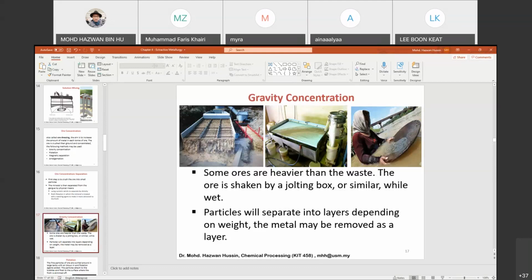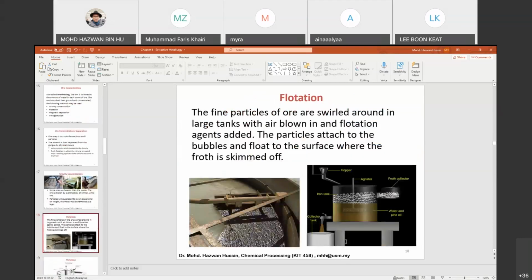This also applies to another traditional method that you've seen a lot, using not really a flat surface but a pan or something that you put the mixture inside, and you just shake or jolt it, and then you can find the materials that you want on the bottom of the jolting pan.